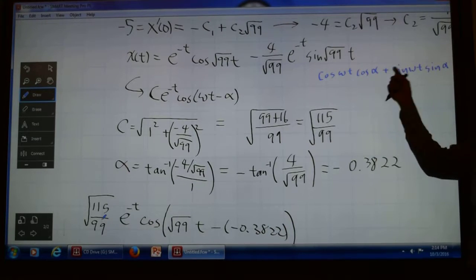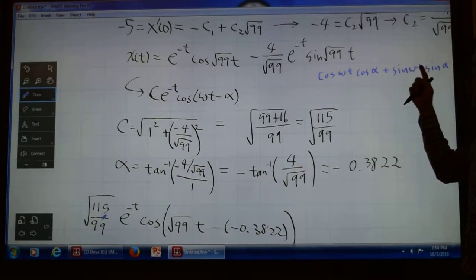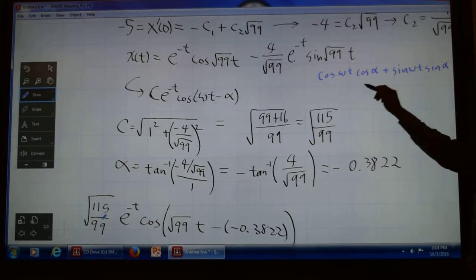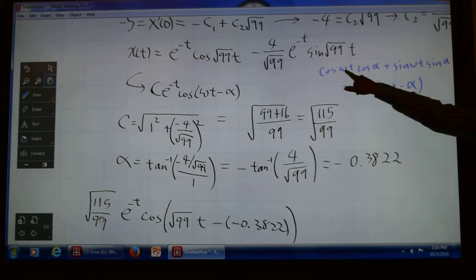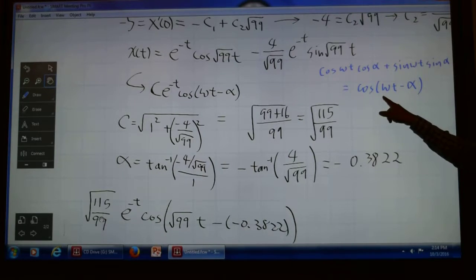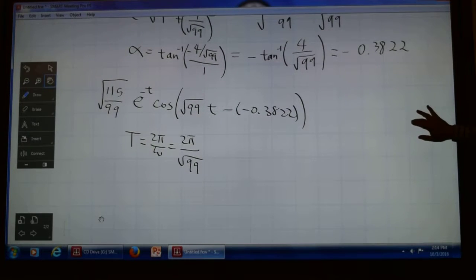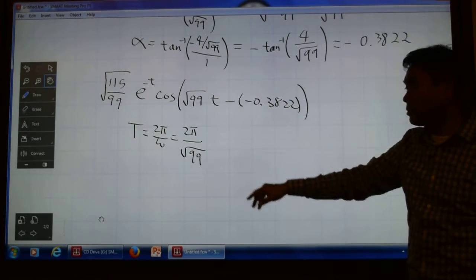If you can put this into this form, then this can be written as cosine of omega t minus alpha, just like that. Okay? So you can see that this omega will still be the same omega t.